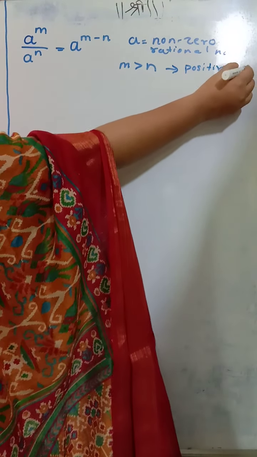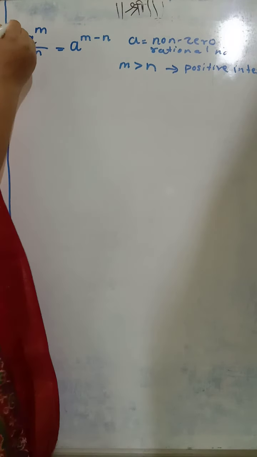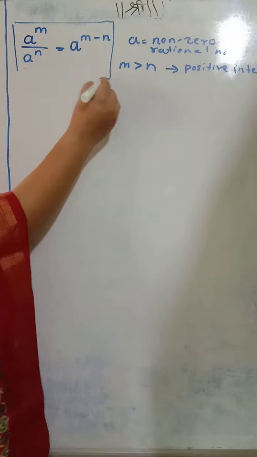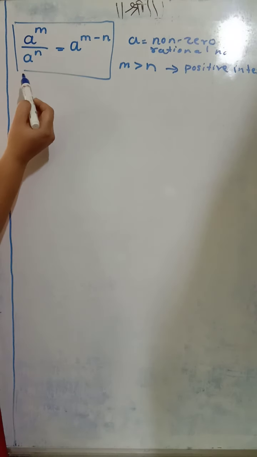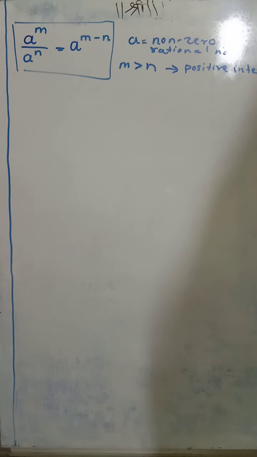Now we will see this formula we had seen, where A was a non-zero rational number, and M and N were positive integers, but M was greater than N.